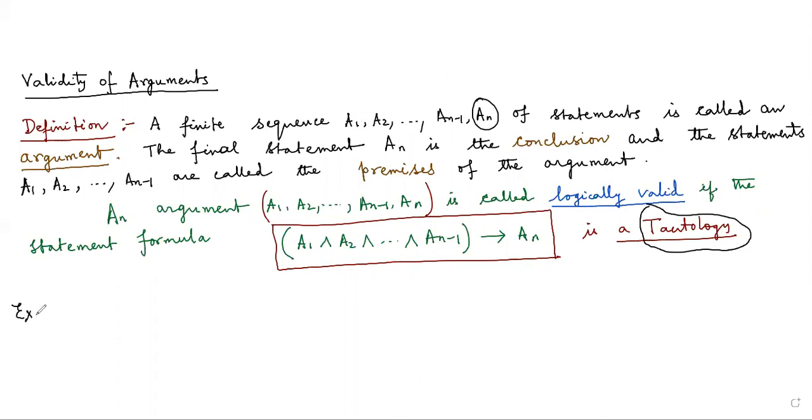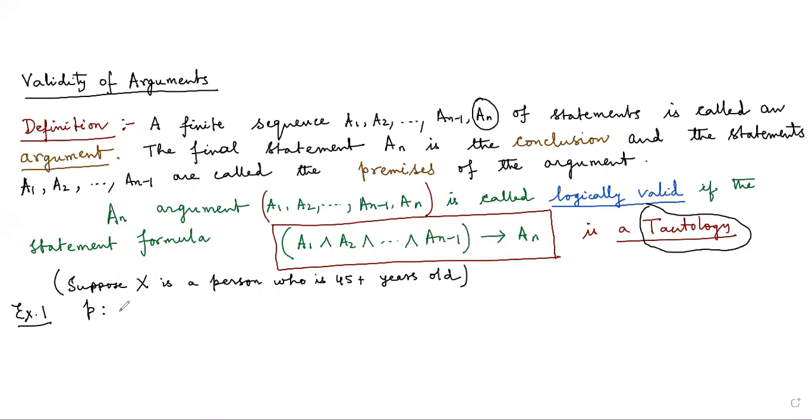Example 1: suppose I'm making a statement like this. Small p is my statement. Suppose capital X is a person who is 45 plus years old.